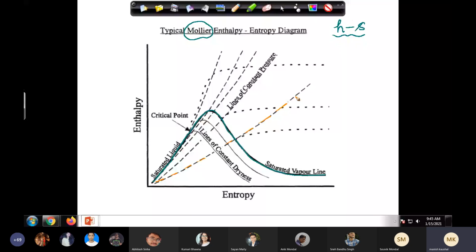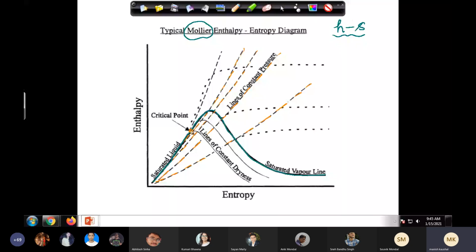And I'm coming to how this graph looks. Then what else do we have? We have, and this is the critical point.